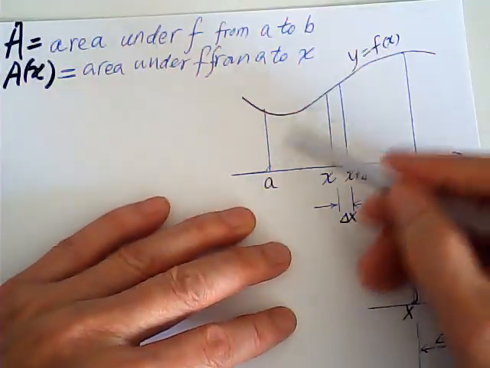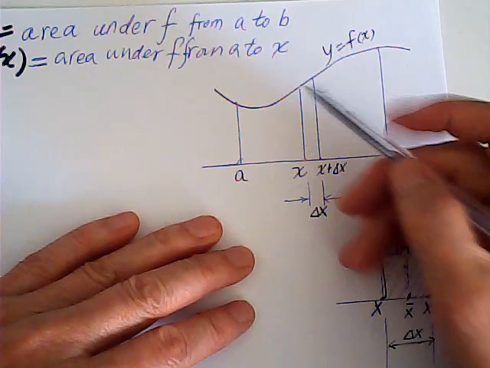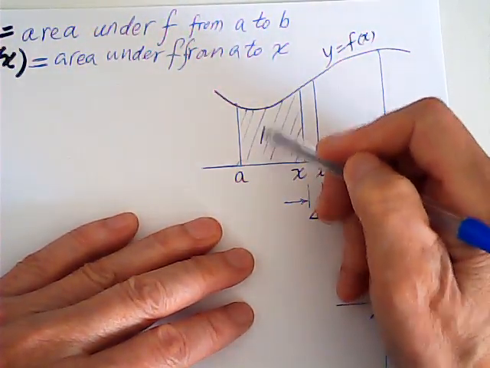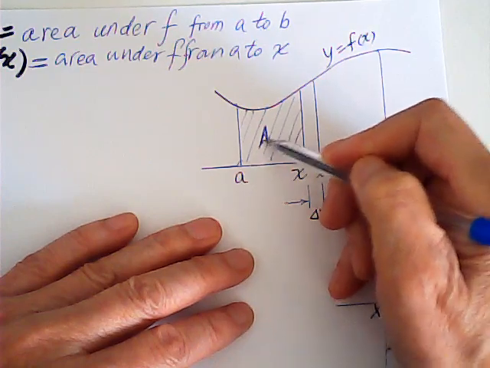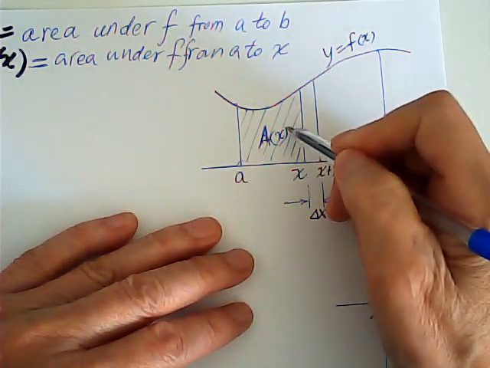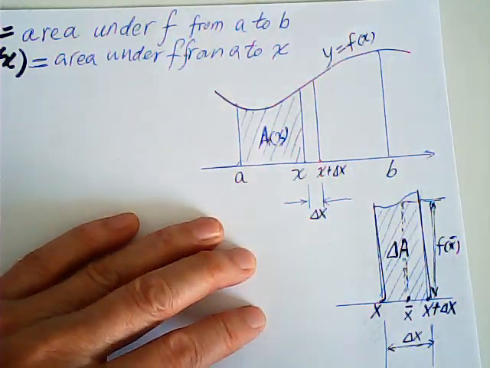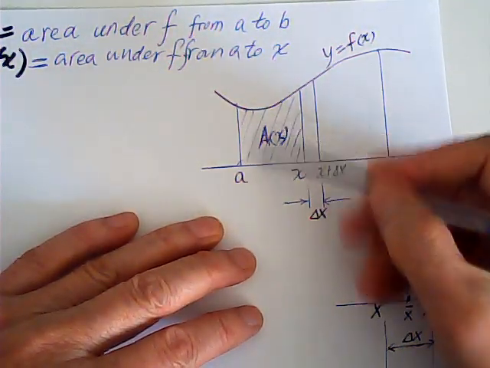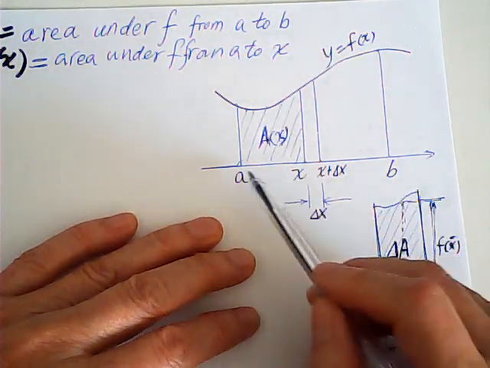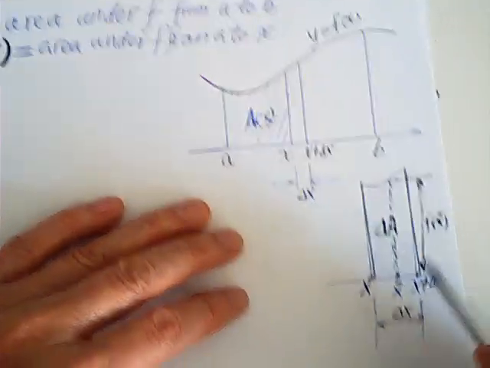So that means this area is called A of x. Is that clear? Yeah. This area is A of x under f from a to x.